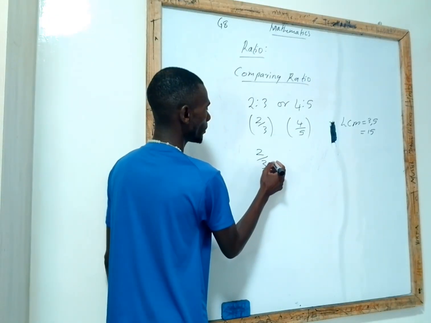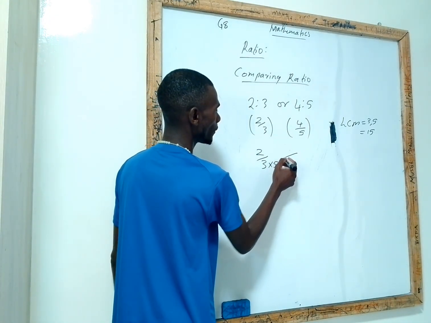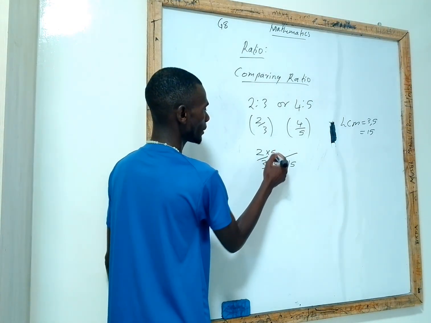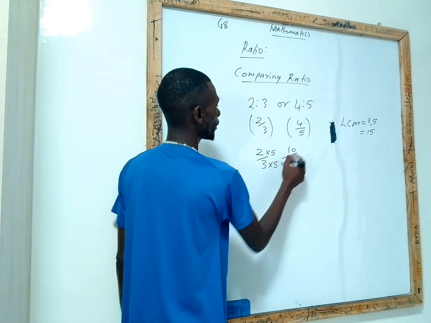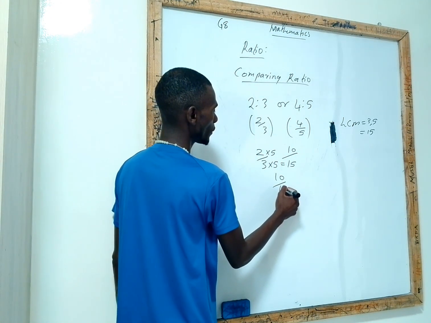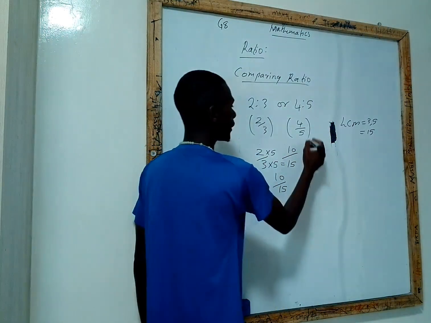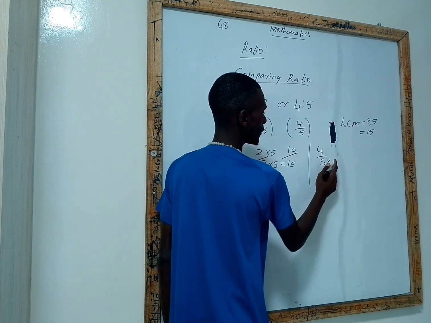So we have to multiply it by 5 to get 15. The same number we use down here, we use up, so we will multiply the numerator by 5 to get 10. So instead of 2 over 3, we have 10 over 15. The same to this side, 4 over 5. We want to make this 15.